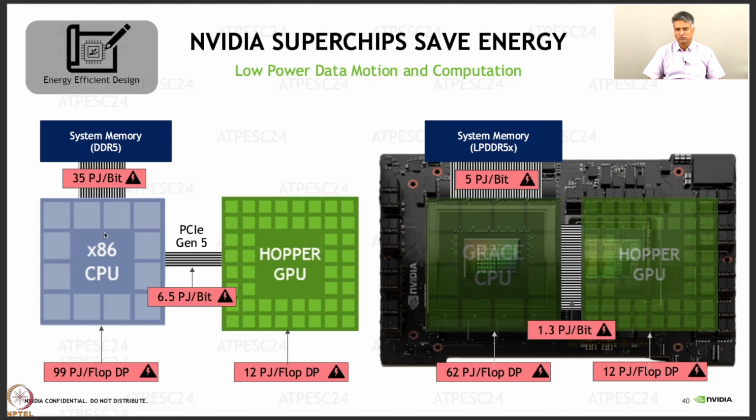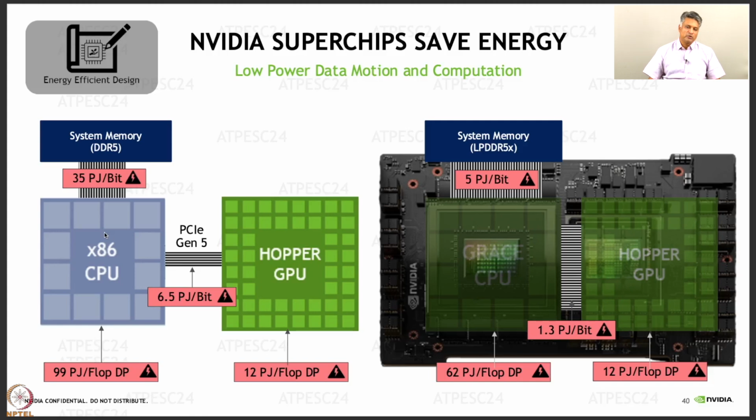This is almost 5 times less than the conventional method. Similarly, it costs 7 times less, at about 5 picojoules per bit, to transfer data from the CPU to the system memory. And the cost of doing a floating point operation is about 62 picojoules on the Grace CPU, and it remains the same at 12 picojoules on the Hopper GPU.